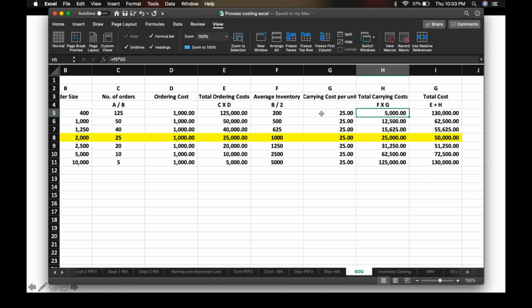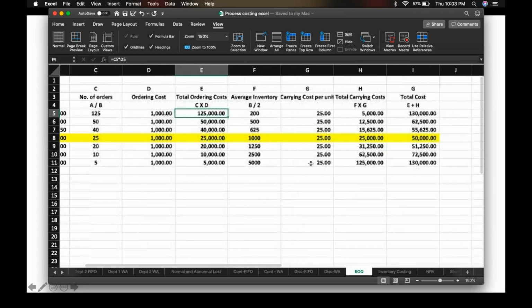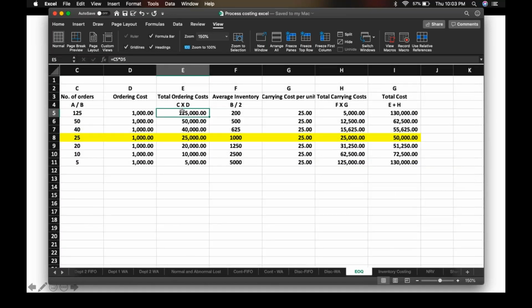So we have a lower carrying cost. But of course, pag konti lang yung ino-order mo, mas maraming beses kang order, tataas yung ordering cost mo. So the total cost is total ordering cost plus total carrying cost. We will be incurring 130,000, and that is too far from our computed cost using the EOQ of 50,000.